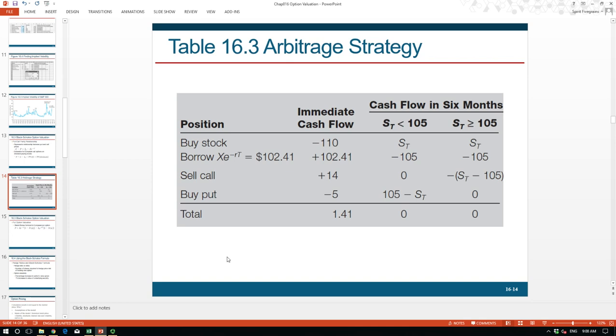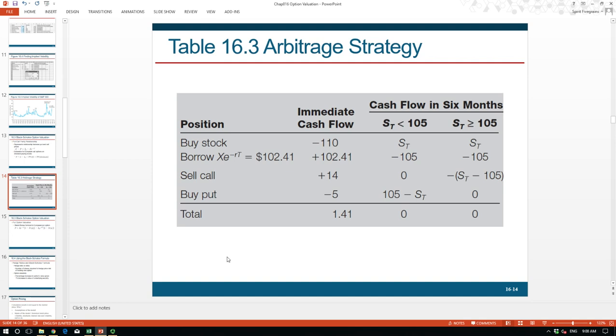In this portfolio, you buy a stock at $110, so you need to spend $110, but you do not spend your own money. You borrow $102.41 to finance the majority of your stock purchase. So here you only spend about $7.59, and you continue to sell a call option.